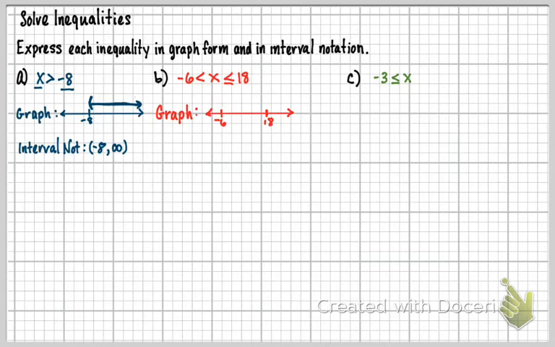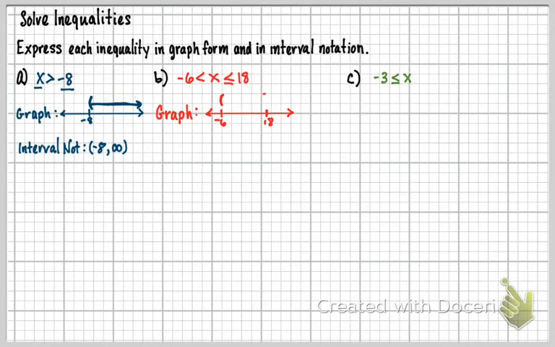So to write this using the right symbols, I'm not including the negative 6 because that simply says less than. So I'm going to use a parenthesis there. And then on the other side, that says less than or equal to, so I'm going to use a bracket.